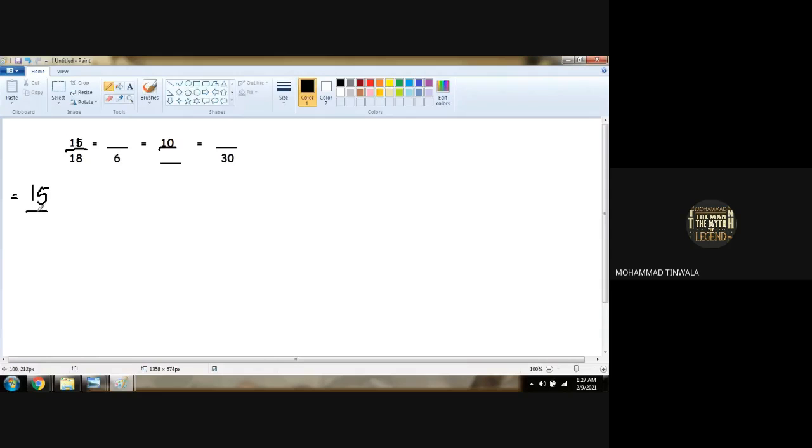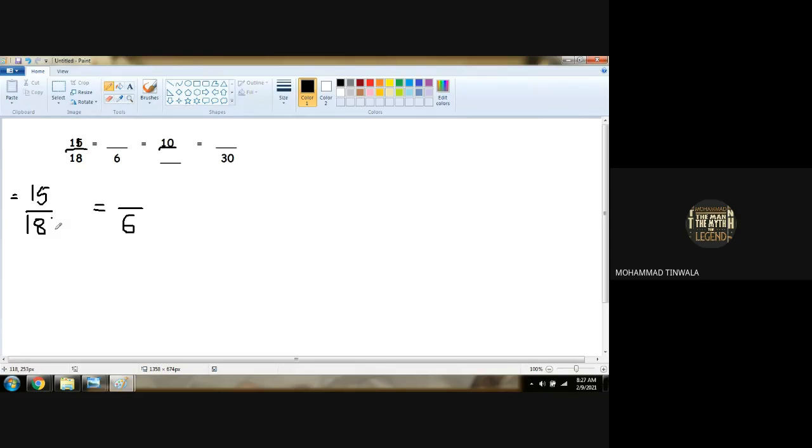To get 6, by what number does it have to be divided? To go from a bigger number to a smaller number, we have to divide. Which number multiplied with 6 gives 18? 6 twos are 12, 6 threes are 18.